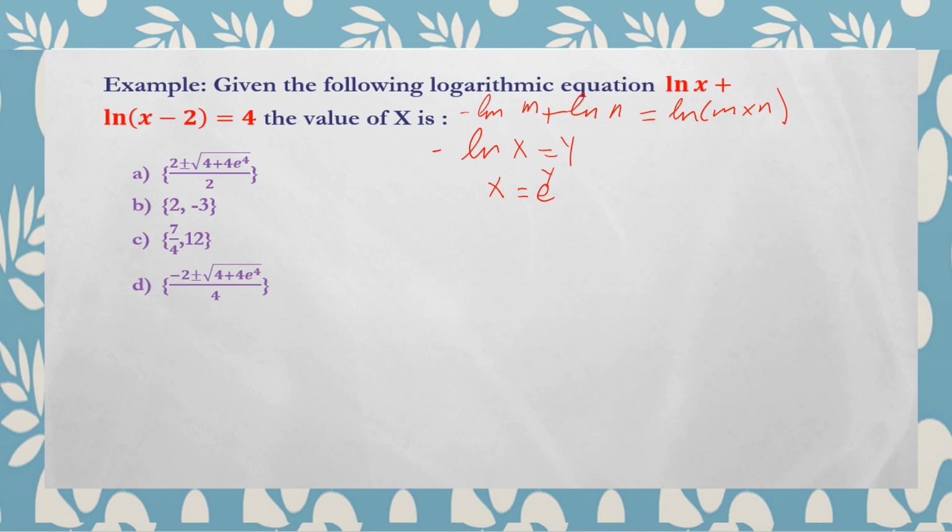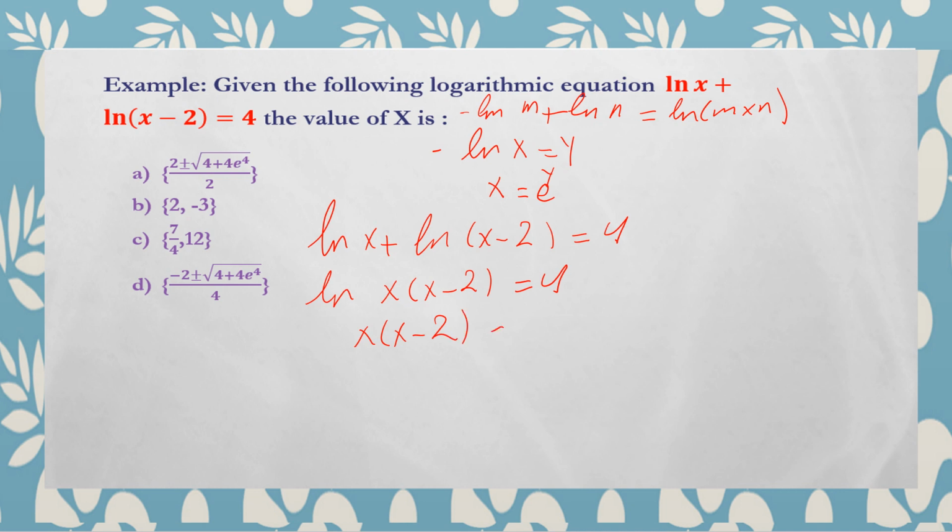By using these properties, we can solve this equation as follows: ln of x times x minus 2 equals 4, and then x times x minus 2 equals e power 4. We can expand this to x squared minus 2x minus e power 4 equals 0.